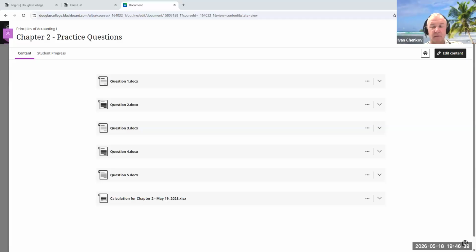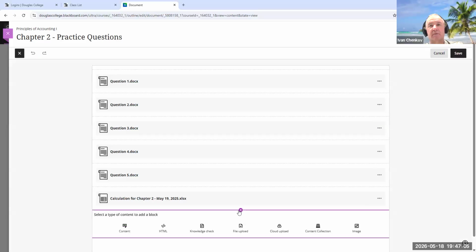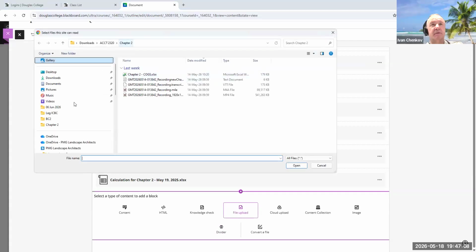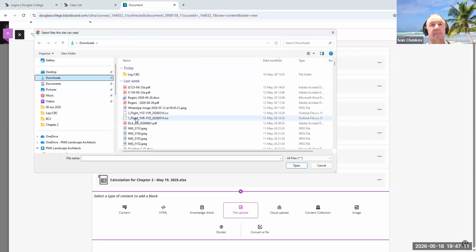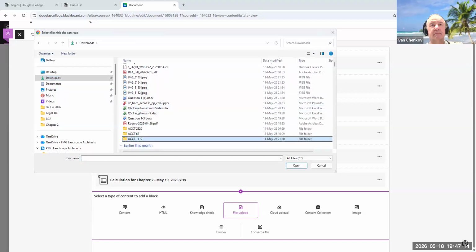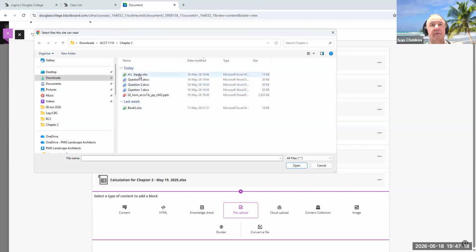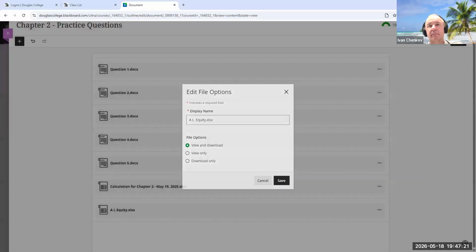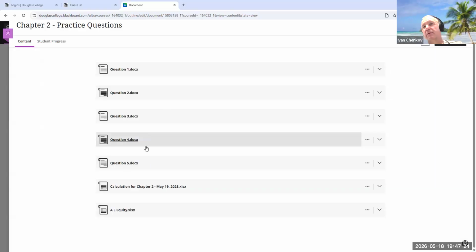Asset, liability, equity. Since you see the Douglas right here on the bottom, I'm going to edit the content and add the Excel spreadsheet I just created, which is right here. Can you go and grab it, please?